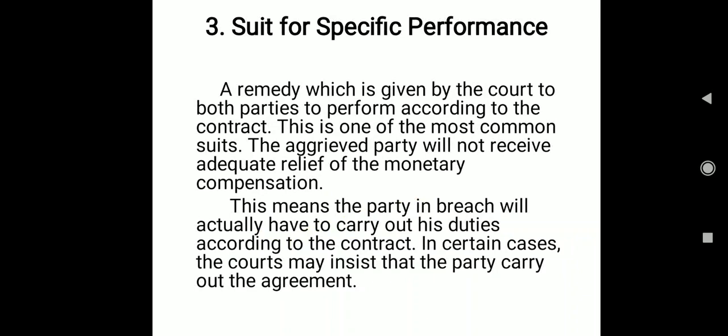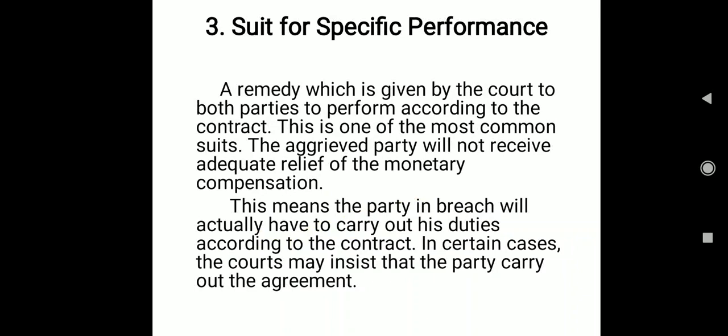Now we have the third scenario, that is suit for specific performance, okay. So sometimes what happens, even though the party is going to breach in terms of performance, the court may give the order to execute the contract as it was agreed, okay. It means the party in breach will actually have to carry out his duties according to the contract, because in certain cases the court used to insist that the party carry out the agreement.